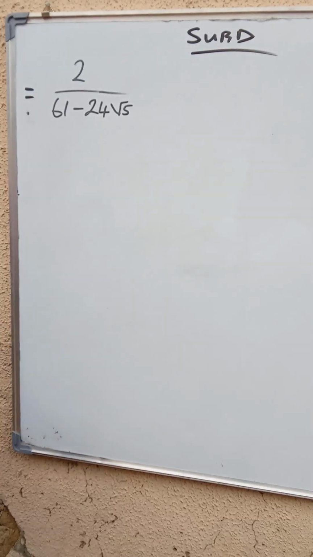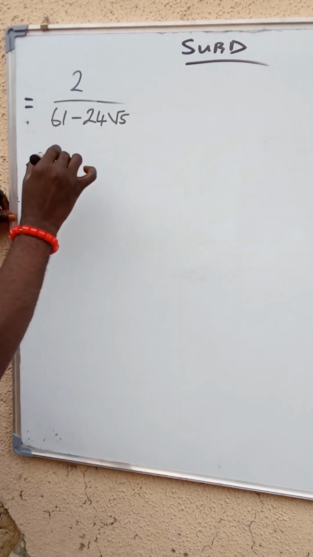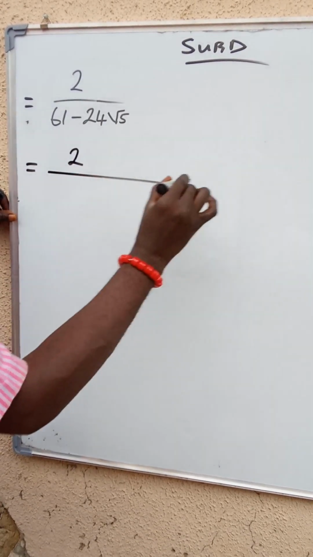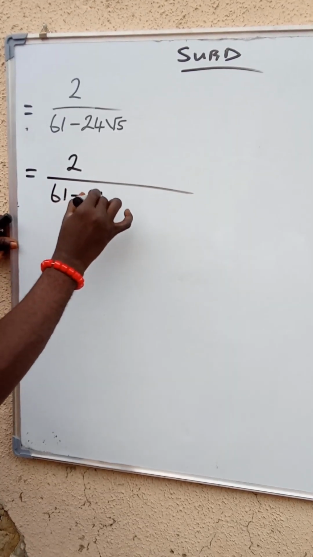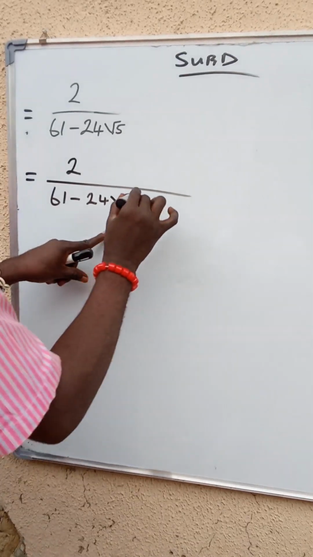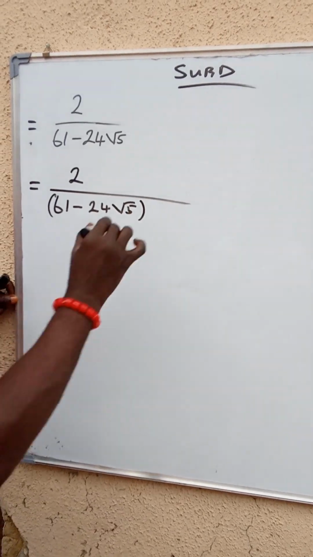So if I want to do it in that form, I'll have something like this. 2 over 61 minus 24 root 5. Yes.